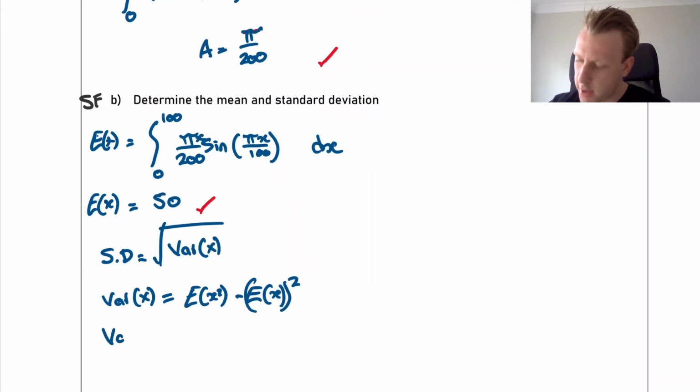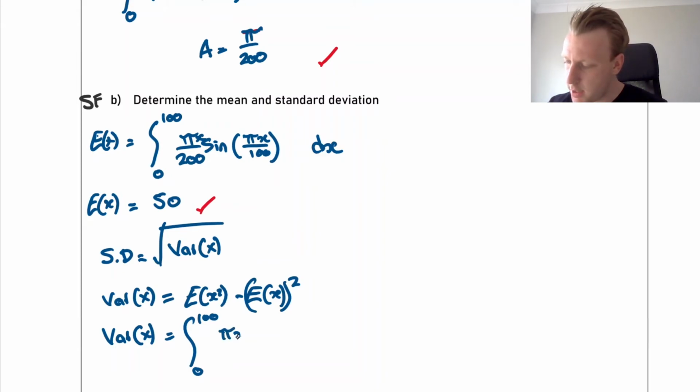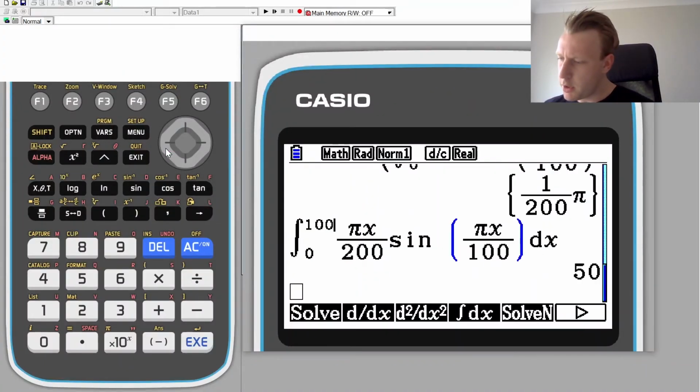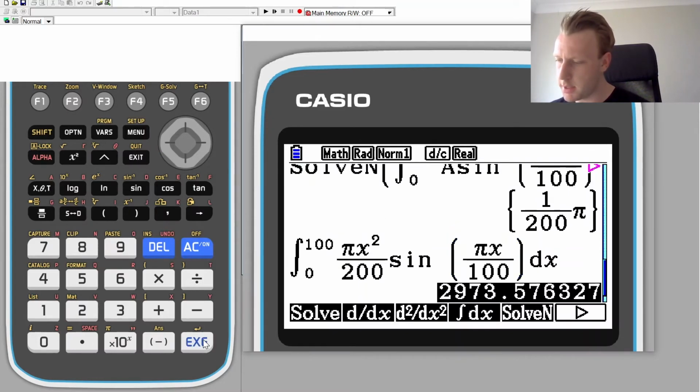So our variance here is going to be given by the integral from 0 to 100 of pi x squared over 200 sine of pi x over 100 dx, and then subtract 50 squared, and that's going to give us our variance. Okay, so I'm not going to waste any time here. I'm just going to chuck in an x squared here. That's going to give me that stuff there.